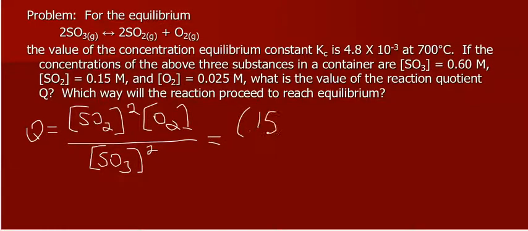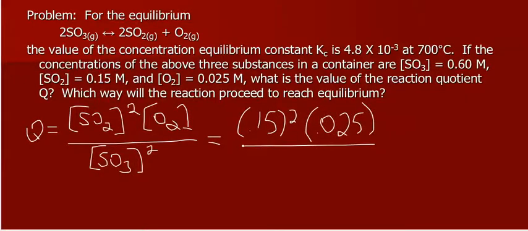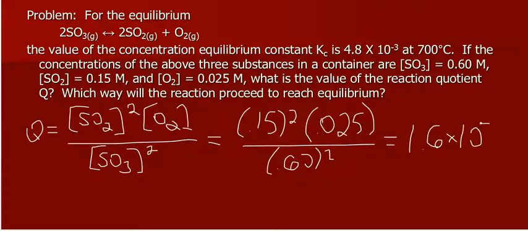So we have 0.15 squared times 0.025 divided by 0.6 squared. And so Q, unitless quantity, is 1.6 times 10 to the negative 3.